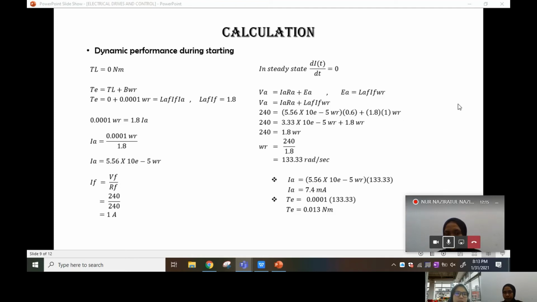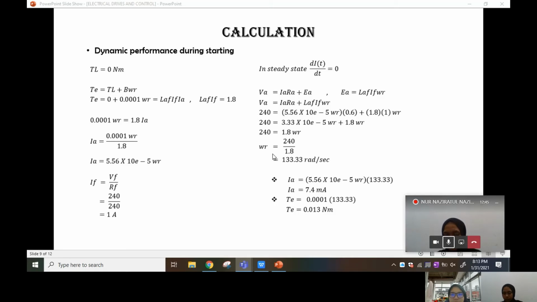First, we use the developed equation to find the armature current. Then we find the field current by using VF over RF, and we got 1 ampere. In steady state, di over dt equals 0. Then we substitute the values of IA and IF into the equation VA equals IA times RA plus EA.